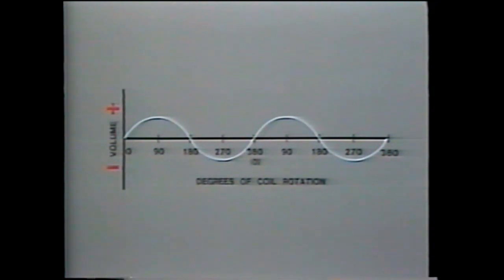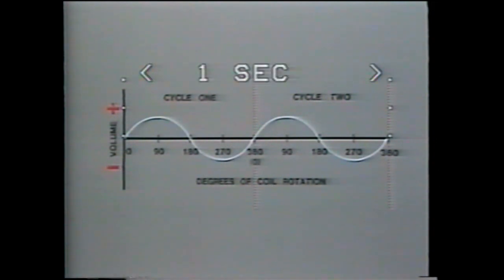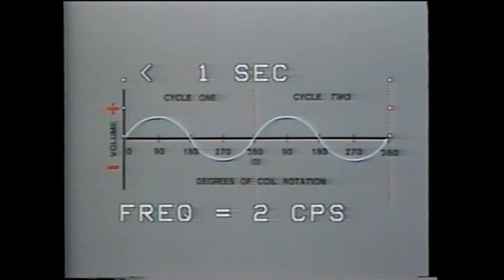The number of complete revolutions of the coil in 1 second is the frequency and is measured in cycles per second, or hertz. Let's assume that it took 1 second for the coil to make 2 complete rotations. Then the frequency is 2 cycles per second.